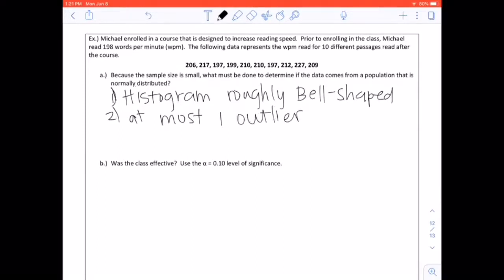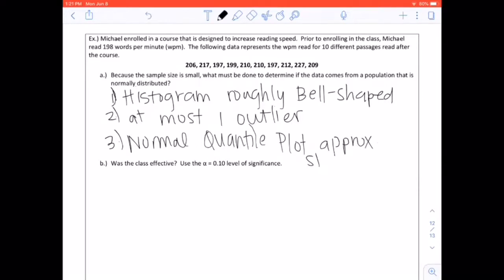And then the third thing that we had was our normal quantile plot has to be approximately a straight line. And this is back in section 6.4. So if you don't remember that, maybe go back and review that.